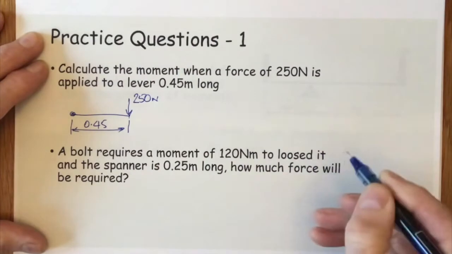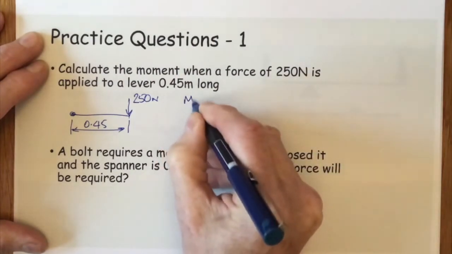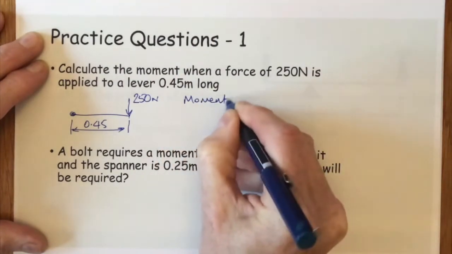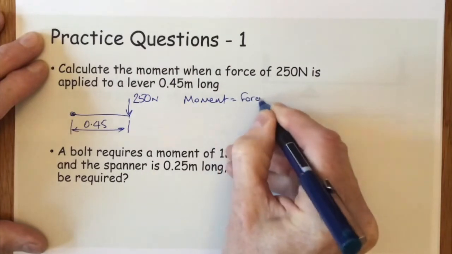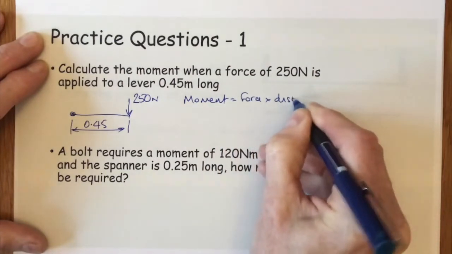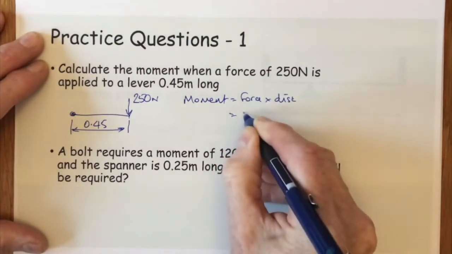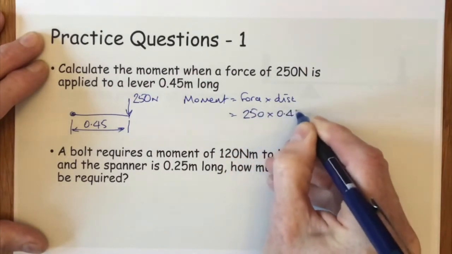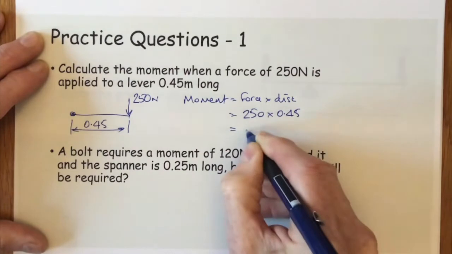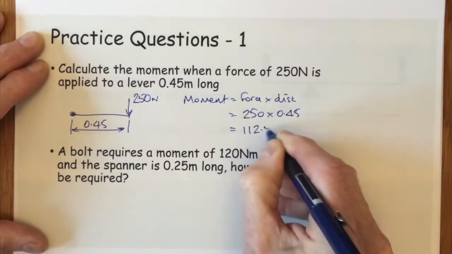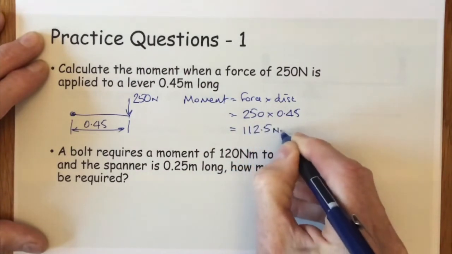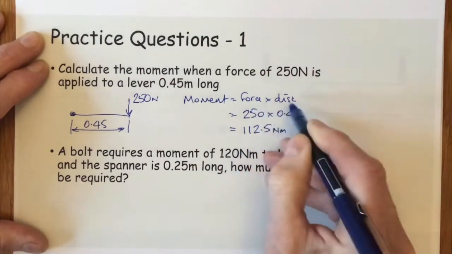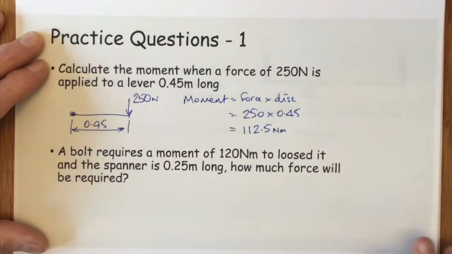So the moment is force times distance. In this case it's going to be 250 times 0.45, which gives you an answer of 112.5 newton metres, because it's force in newtons times distance in metres.